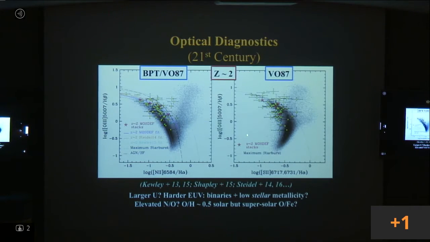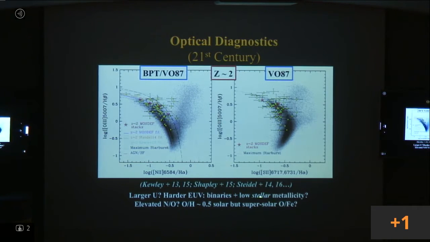To try to explain the difference between these two diagrams, the shift in this diagram, but no shift in this one, they talk about enhancement of nitrogen over oxygen. And then there's also the possibility of supersolar oxygen over iron. Basically, they're able to fit these data with O over H of 0.5, which is actually pretty large for redshift 2.